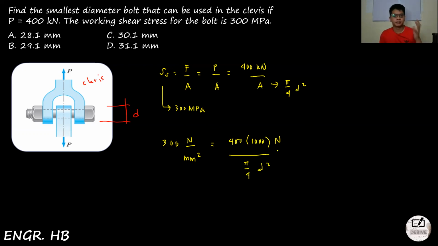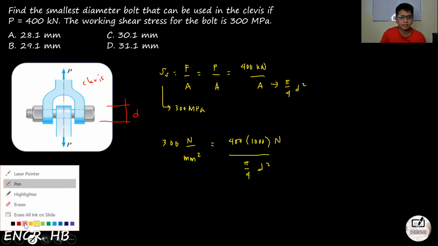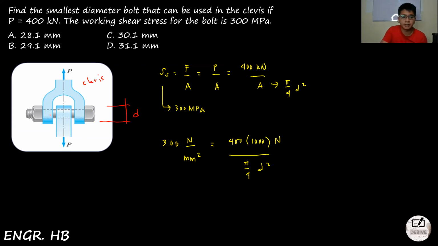Why? Because as you can see, dalawang portion ng bolt ang nagsasuffer ng stress na yon. And where is that? So, balik lang tayo sa red ink. So, ang nagsasuffer dyan ay, of course, ito yung isang buong bolt mo, ito, tsaka ito. So, this is not a single shear problem.